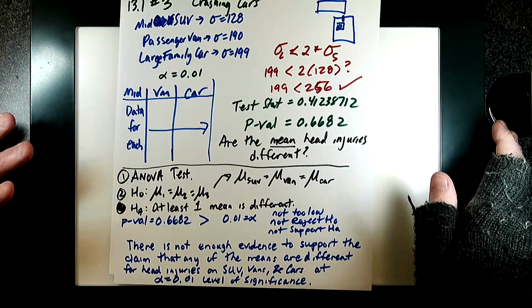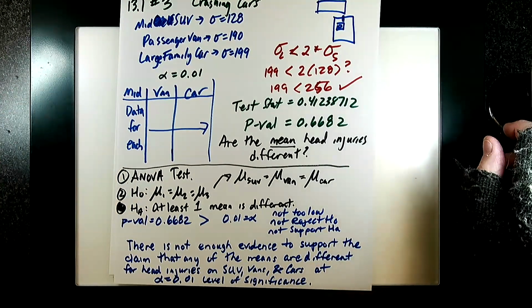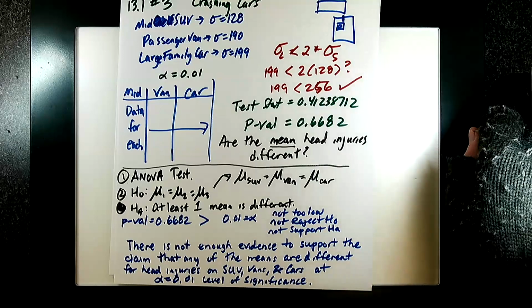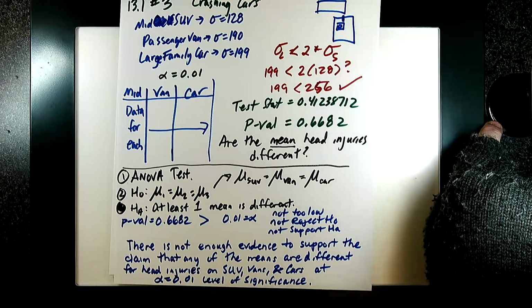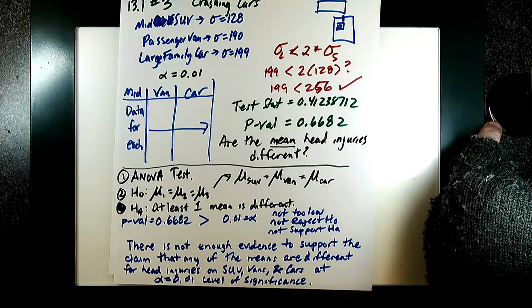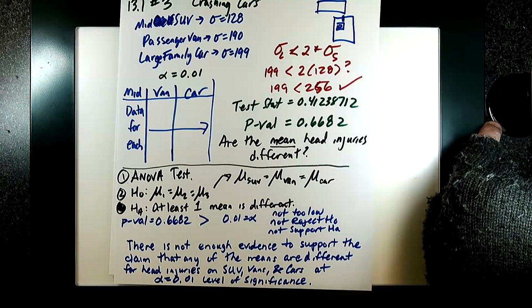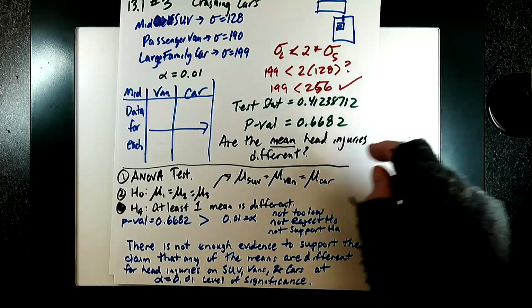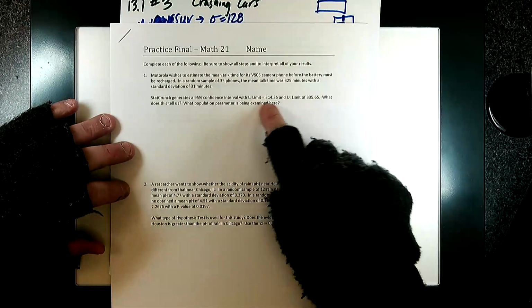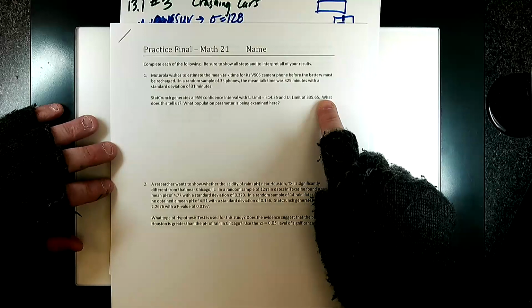You have now seen every hypothesis test, especially if you were here yesterday. And you both were in your own way. The other 20% is two confidence intervals. One's on mean, one's on population. I'm going to give you the lower limit and upper limit, like you can see on the first question.